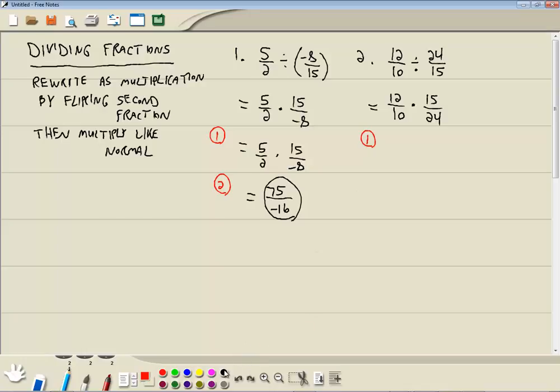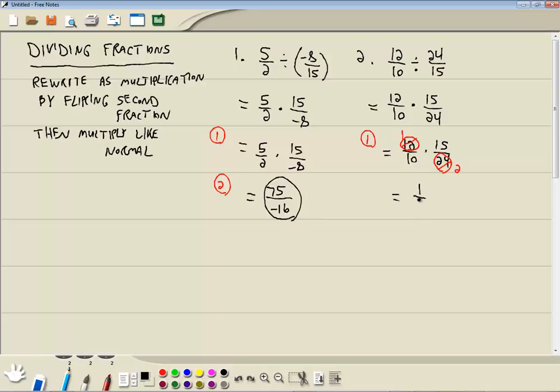Then we multiply like normal. Our first step in multiplication is to look for a number on top and a number on the bottom that can be divided by the same number. Well, I see 12 and 24. Those are both divisible by 12. 12 divided by 12 is 1, and 24 divided by 12 is 2.